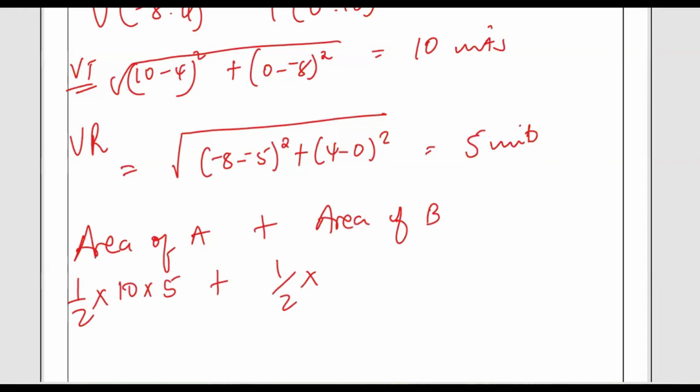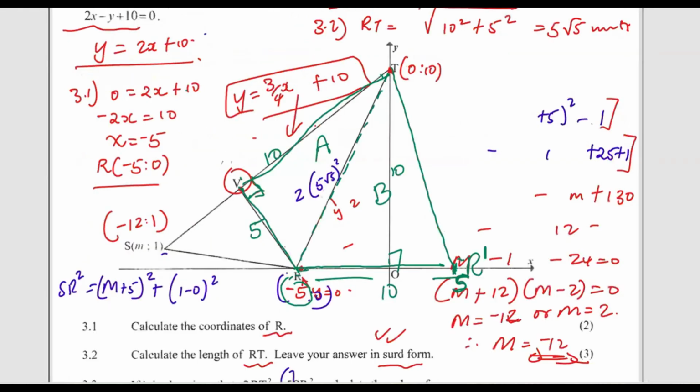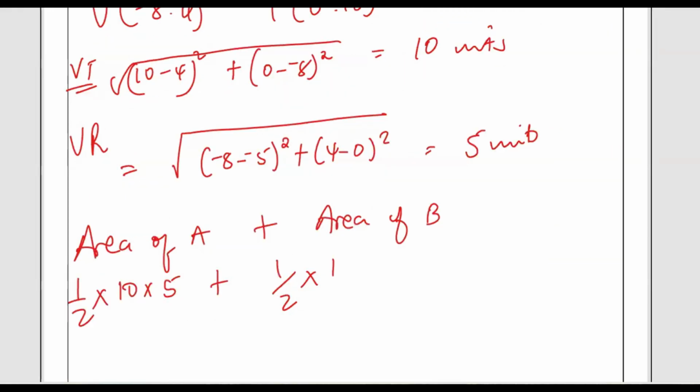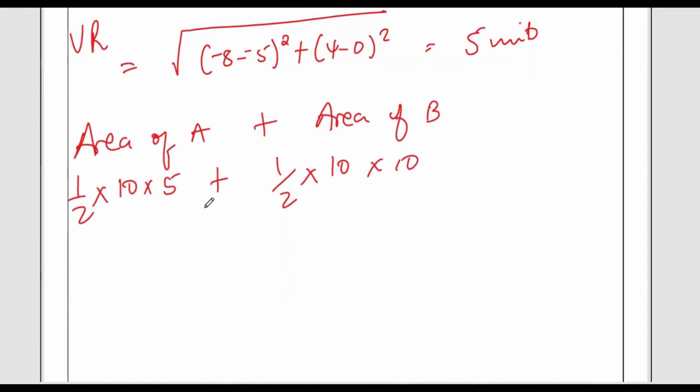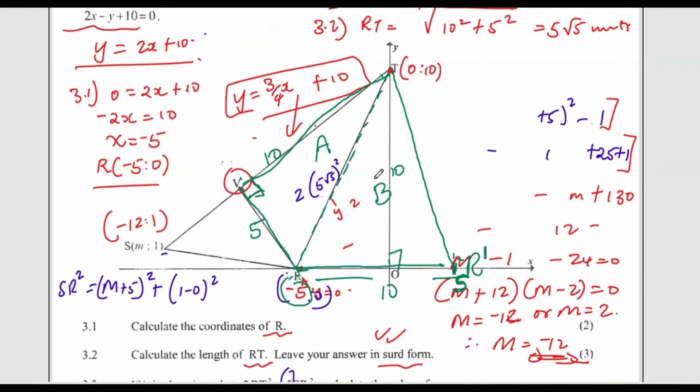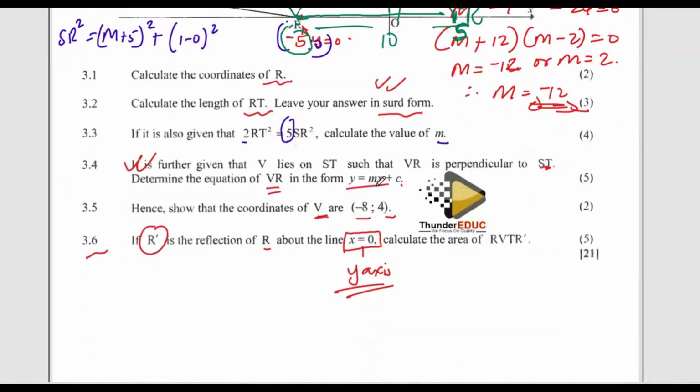We said the base of B is this total distance, which is a 10. The height is also 10. Okay, 10 times 10. Okay, so when we simplify the first part, that's going to be a 25. And then this is going to be 100 divided by 2, which is 50, meaning that our answer is 75 units squared. So that is how we would have obtained those 5 marks.